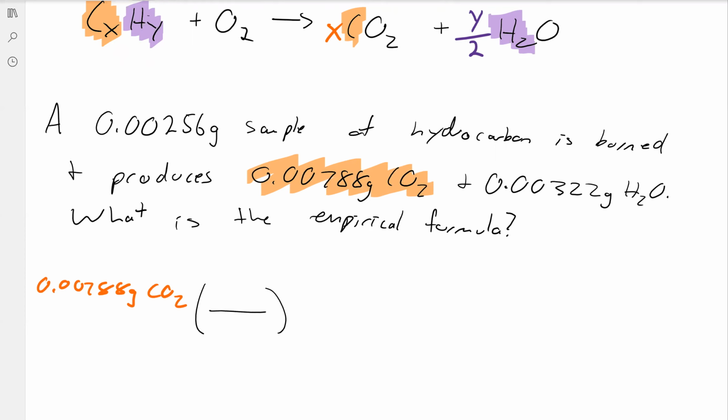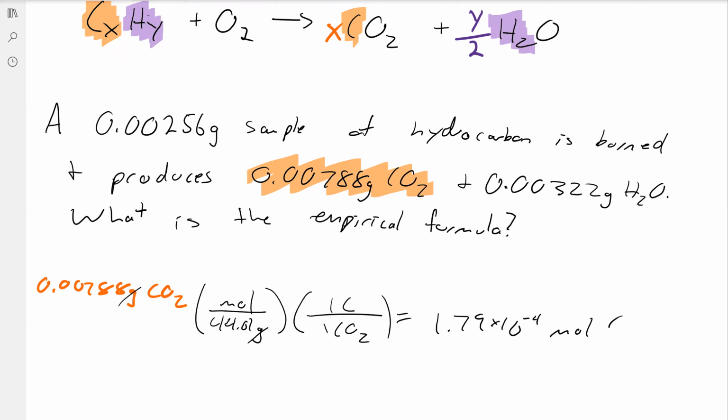We, of course, want to go to moles of CO2 first, so we'll divide by 44.01 grams per mole. And then we want to get to moles of carbon. We know from our equation that for every 1 CO2, it must have come from 1 carbon. In this case, we want to stop at moles because we want to find an empirical formula. And so you should get about 1.79 times 10 to the negative 4 moles of carbon.